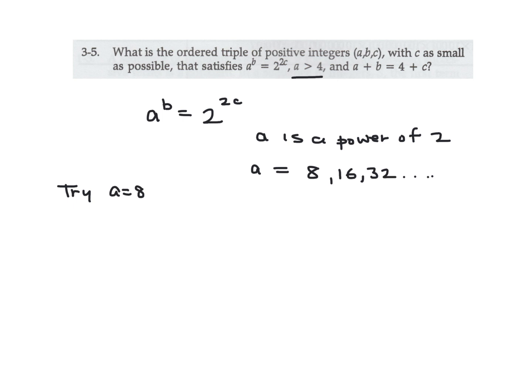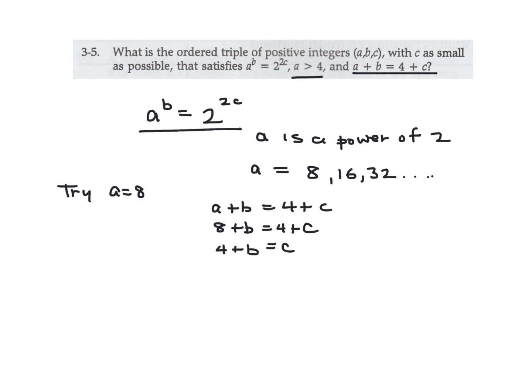So if A equals 8, then first, with that one, we'd have A plus B is equal to 4 plus C, right? So if A is 8, it would be 8 plus B is equal to 4 plus C. So therefore, we have C is equal to 4 plus B. And then this equation becomes 8 to the power of B is equal to 2 to the power of 2 times C, so that would be 8 plus 2B.